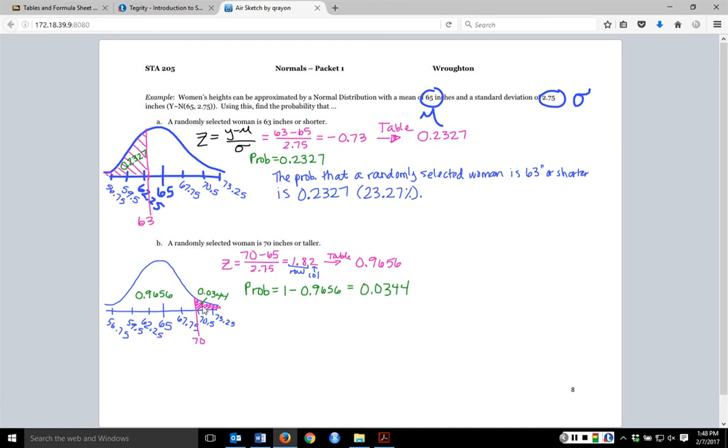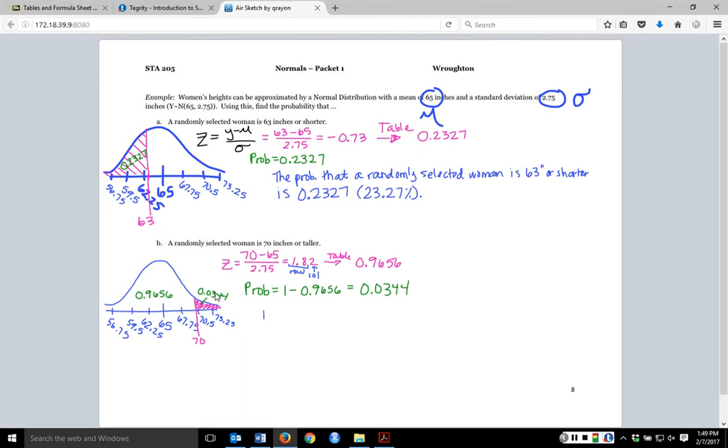So I can tell I have less than half of my picture shaded. If I got a number that was bigger than a half, I would have known I've done something wrong. Also here we know a little bit about the context of the problem, and if you were to tell me that about 96% of women were taller than 70 inches, that's not going to seem right to me. So there's little things we can do to see if our answer makes sense once we're done.